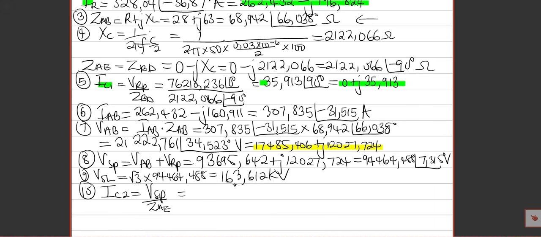We have VS phase, we found 94464 comma 488 at the angle of 7 comma 315.